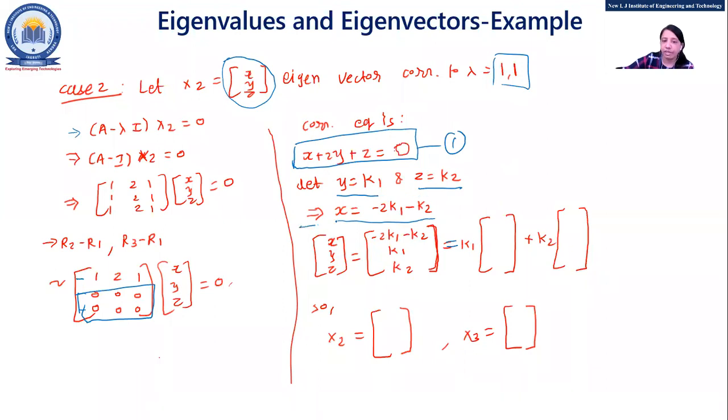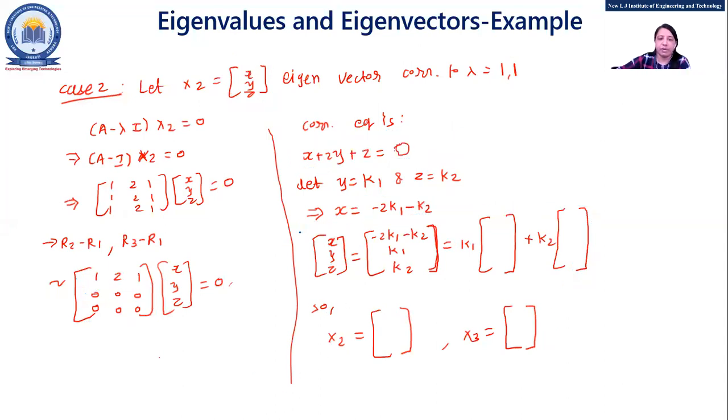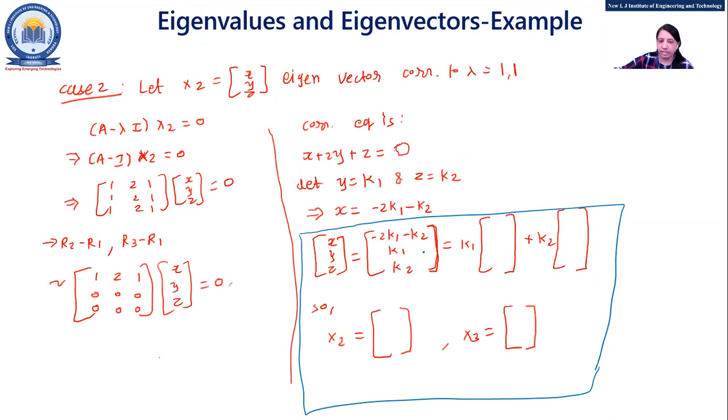This is the important part. That one is an important part. So how are you supposed to write it? You have to write k1 plus k2, and with that, one eigenvector each.